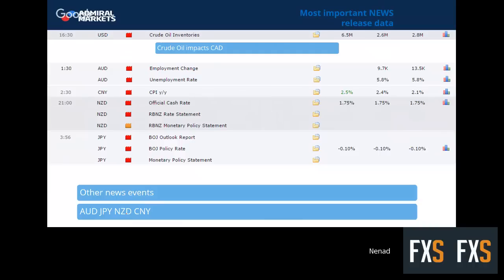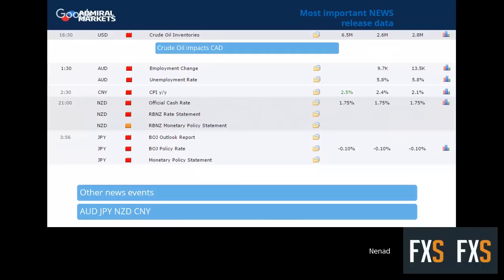So if you want to trade Chinese data release, please don't forget that movements on equities can also be huge. For example, Hang Seng Index can easily move 300 to 400 pips, even more, during a single session.